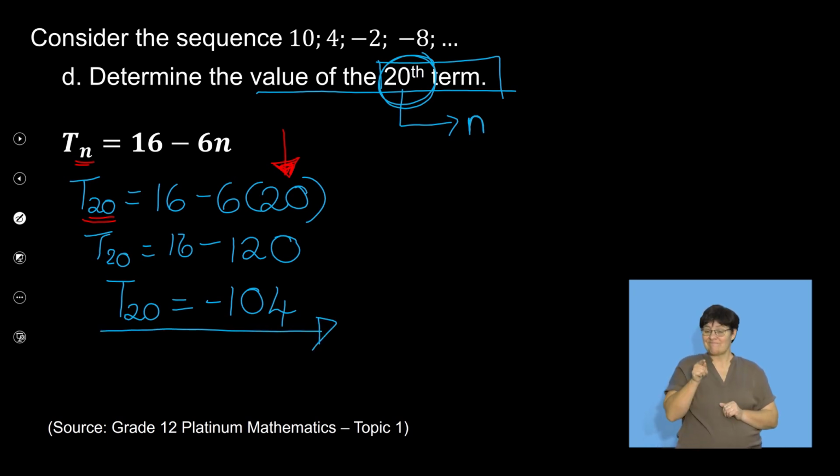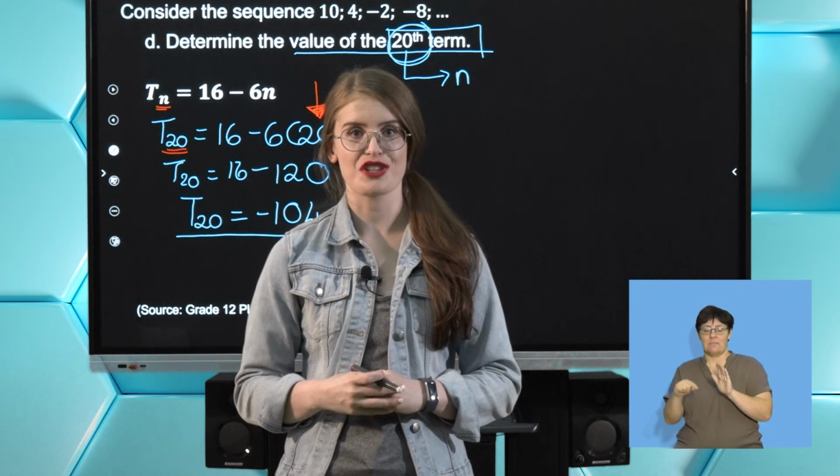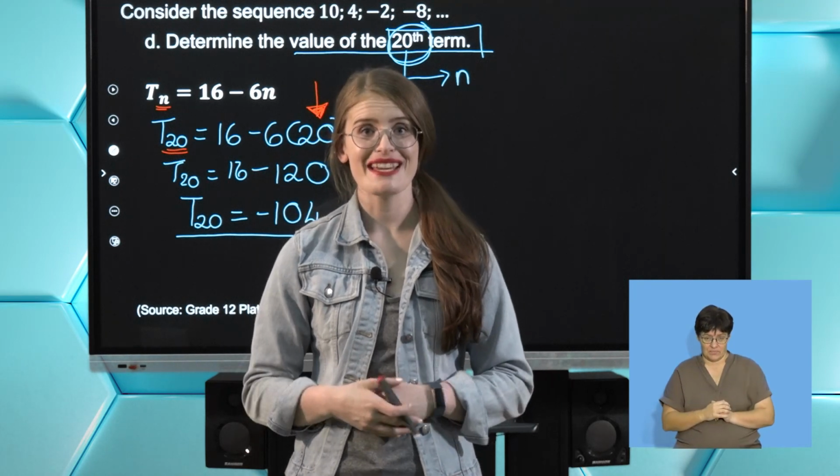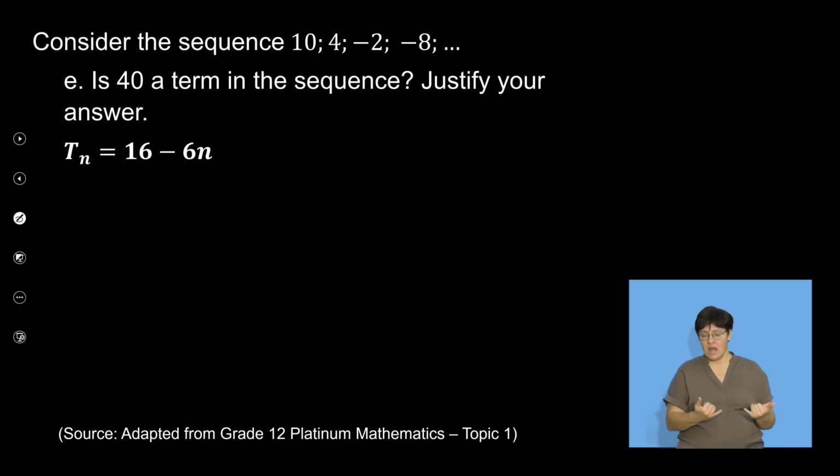For this specific example, I substituted in n is equal to 20 to solve for the value of the 20th term. The value of the 20th term, as you can see behind me, is negative 104. Let us move on to the next part of the question.